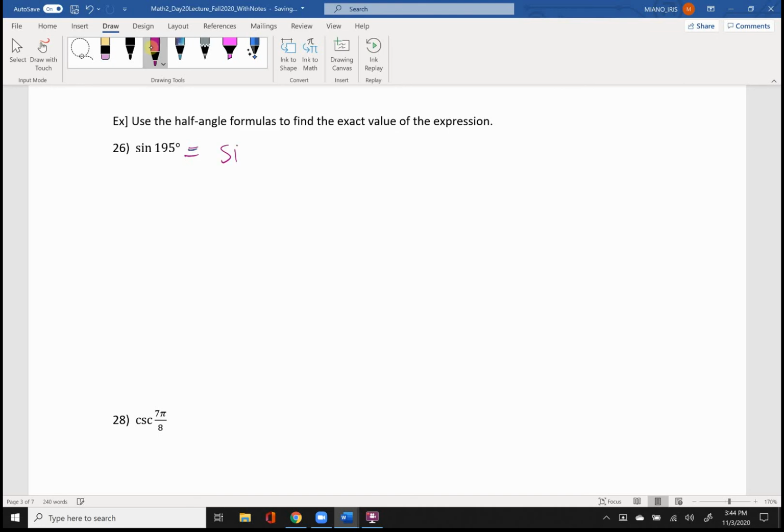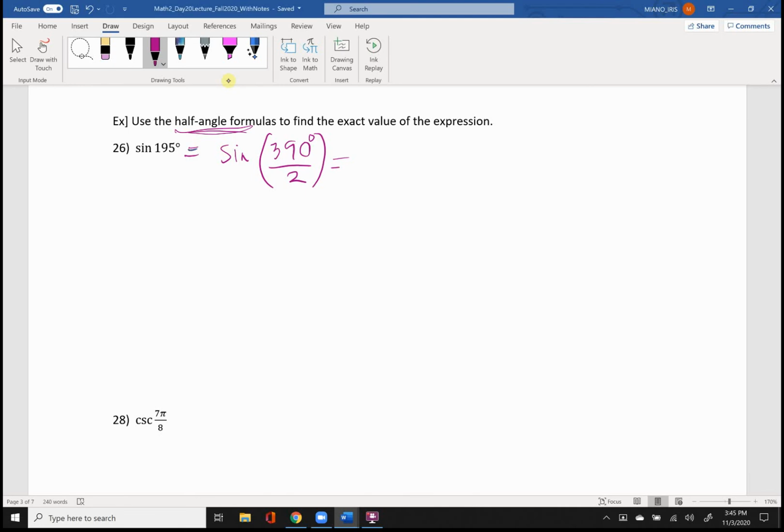Well, this can be rewritten as the sine of 390 degrees over 2. 390 degrees is the double of 195, right? So if we're going to use a half angle formula, which is what they're asking us to do, we'll need to rewrite our sine value that we're trying to calculate thusly, and then plug it into the equation.